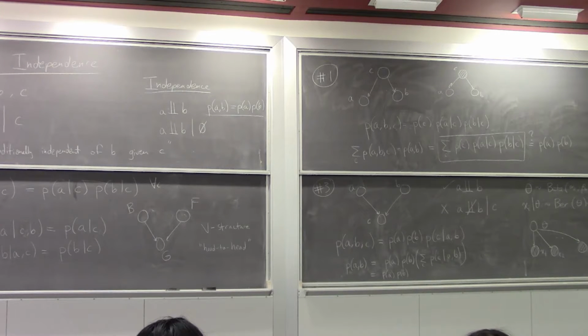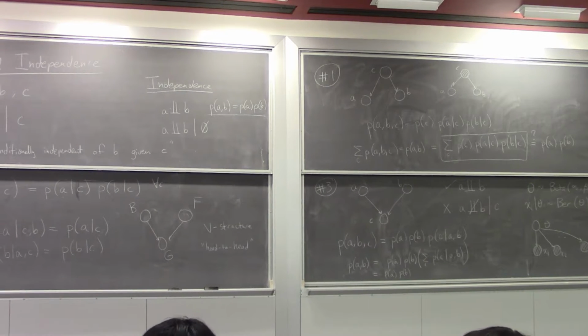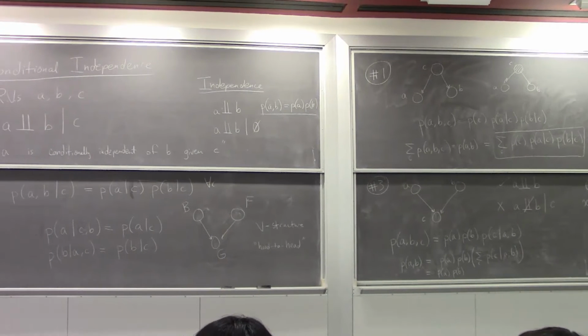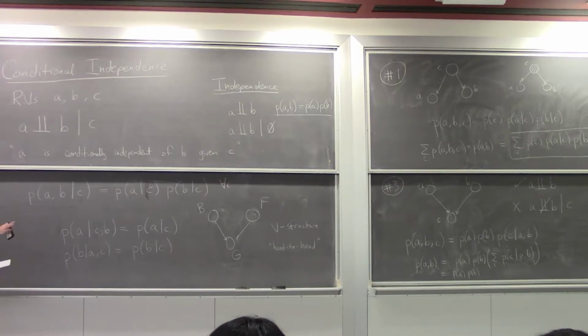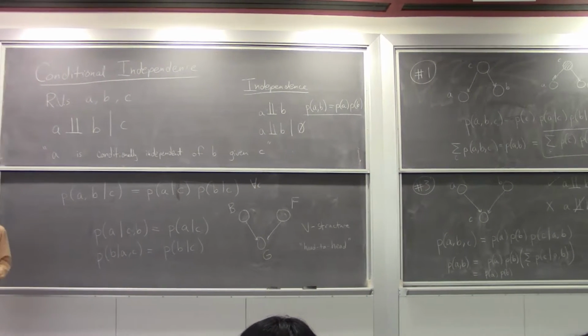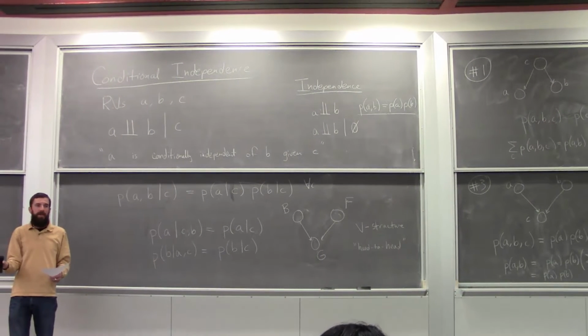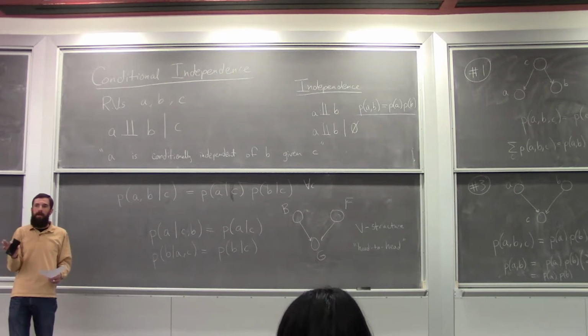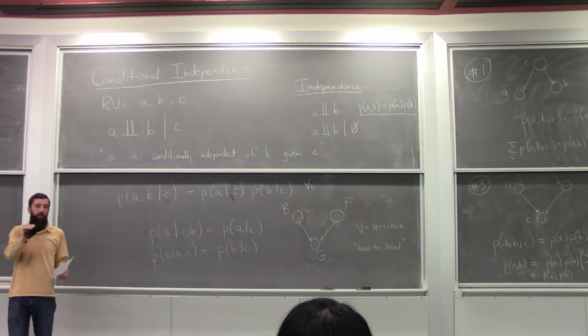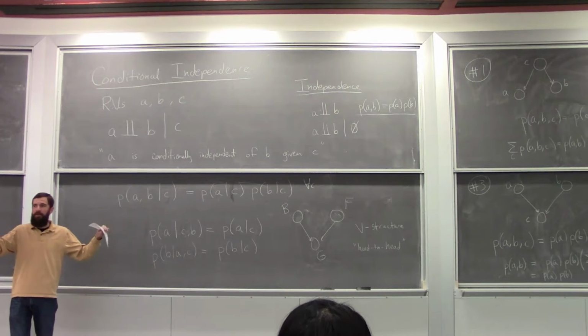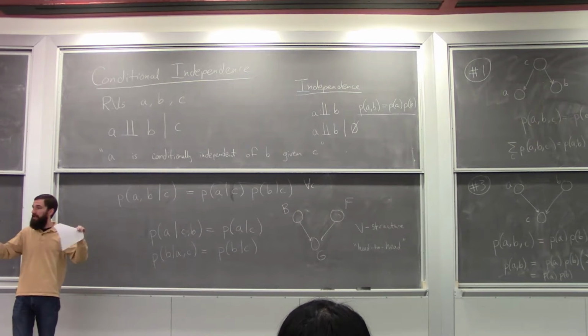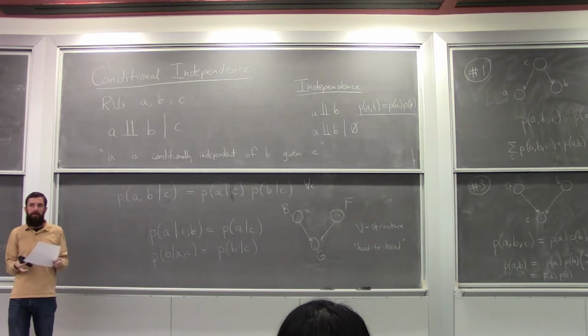Okay. Last few minutes, I'll mention one last thing in the conditional independence chapter, and this is where these small examples actually tell us how to read a much larger network about whether or not two random variables, or even two sets of random variables, are dependent on each other or independent of each other.